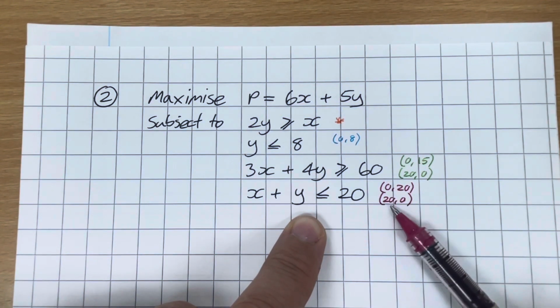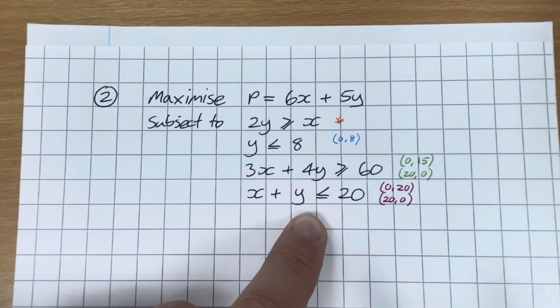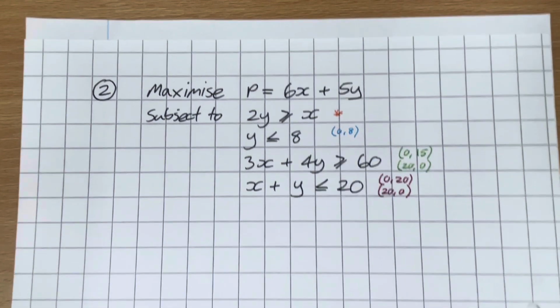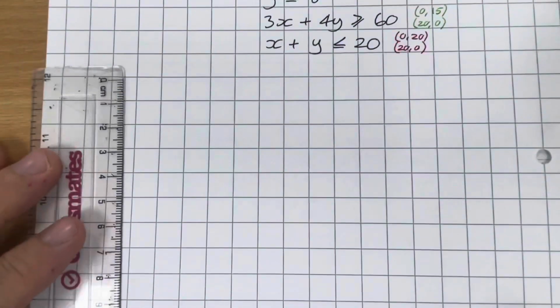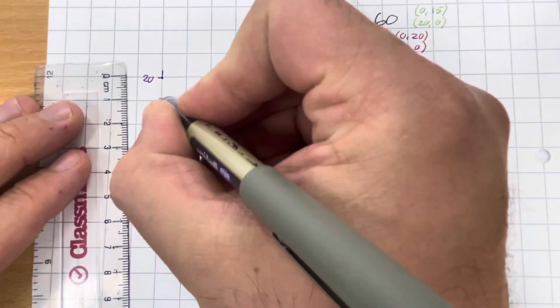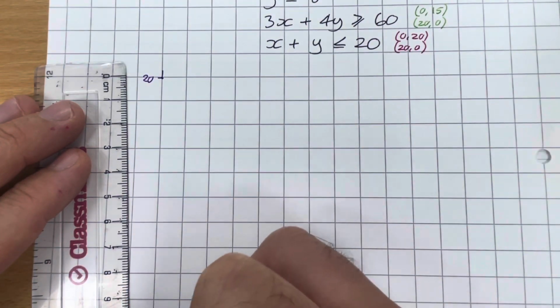So I need to go up to 20 on my x-axis, and I need to go up to 20 on my y-axis as well. So this time I'm going to have the same scale on both of my axes. Okay, so 20 in both. Let's say that's 20 there. 1, 2, 3, 4, 5, 6, 7, 8, 9, 10. Let's put 0 there.